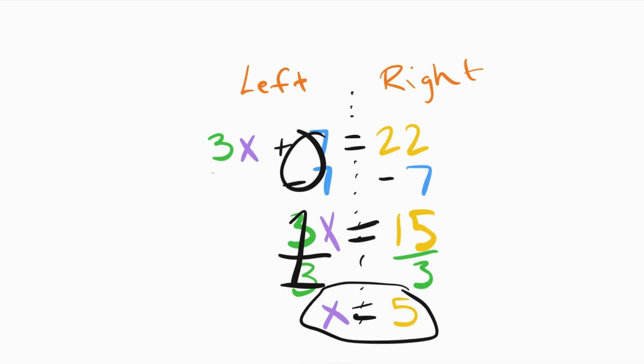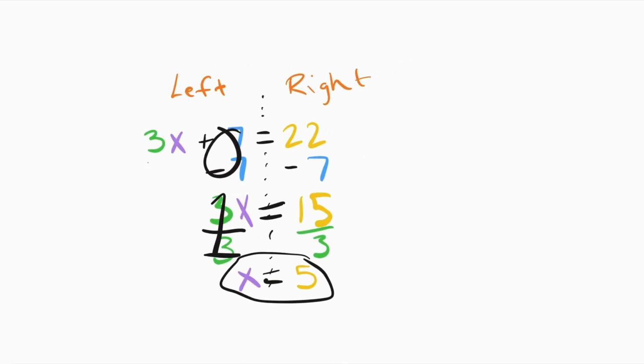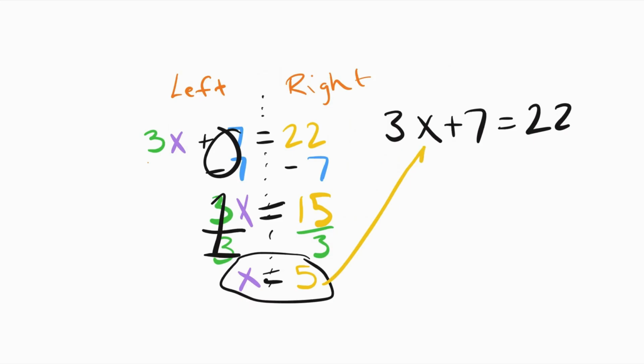Now, we always want to go back and check our work, right? So we originally had 3x plus 7 equals 22. Now, this 5 is going to go right there where the x is. So let's take a look.